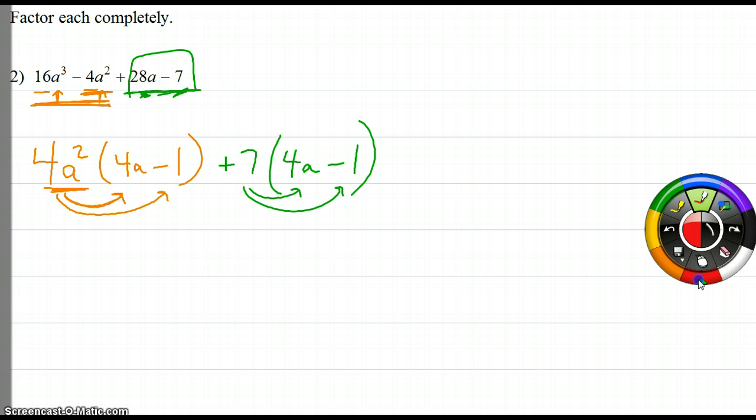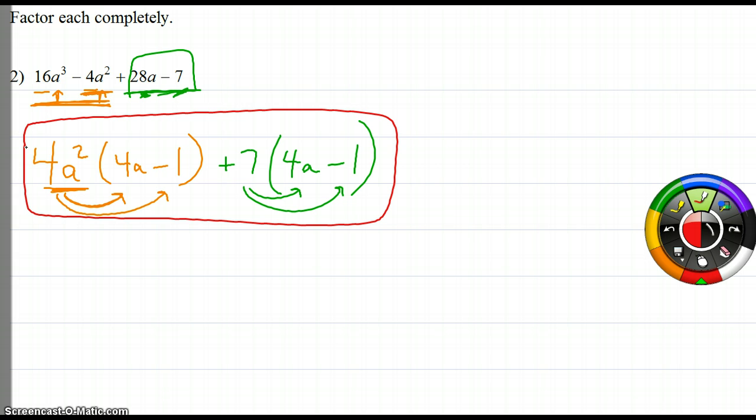Now, this is where that second factoring comes in. Let's take a look at this and see if anything is common between the two of these. They both have a 4a minus 1. So we're going to factor that out.